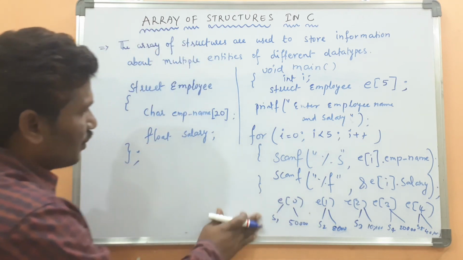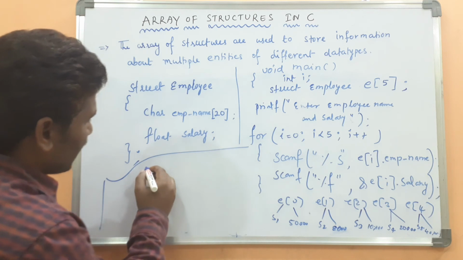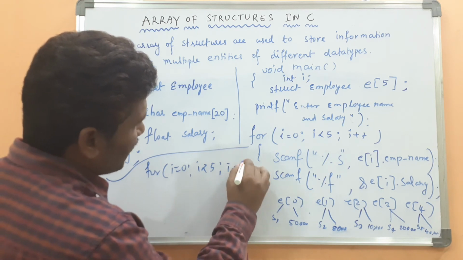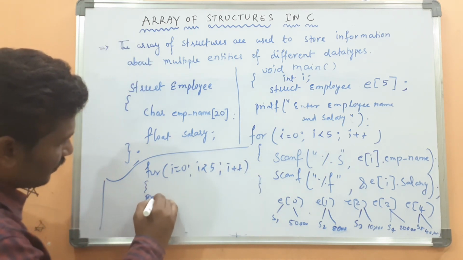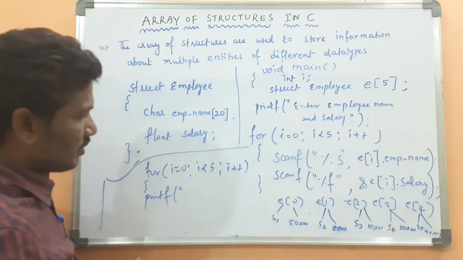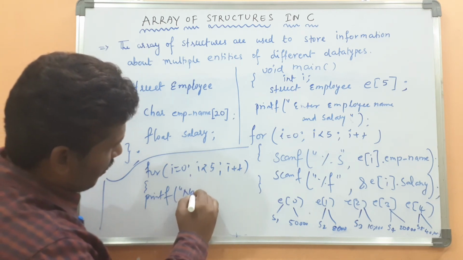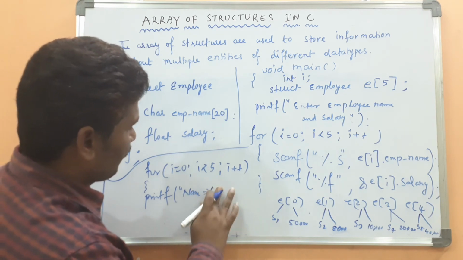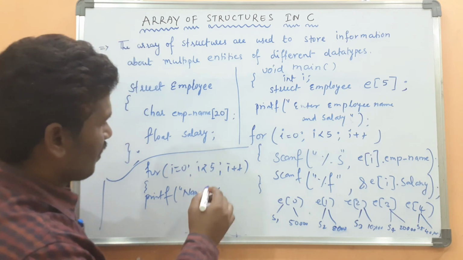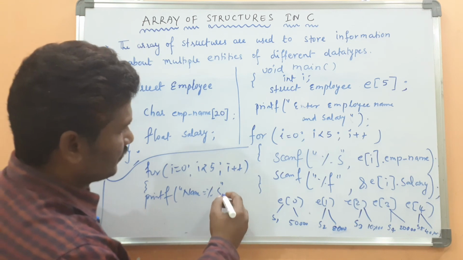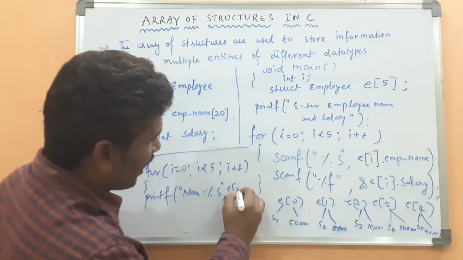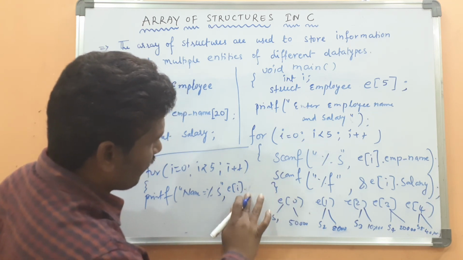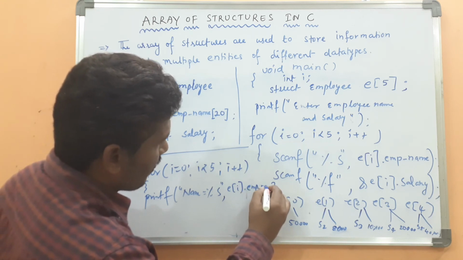Okay. Then after that, if you want to display the information, then again for loop, I equal 0, I less than 5, I plus plus, then printf, name equal percent s, E of I dot EMP name.